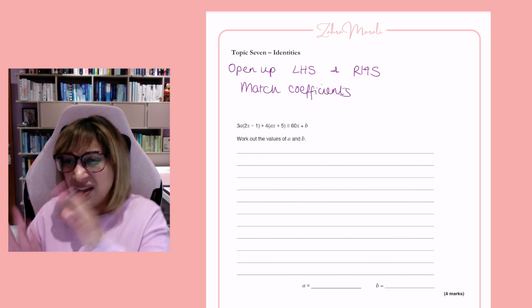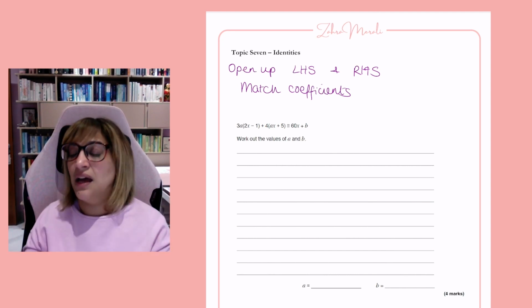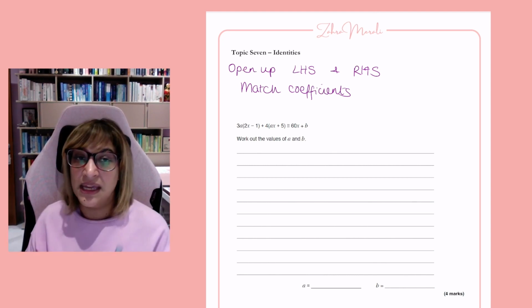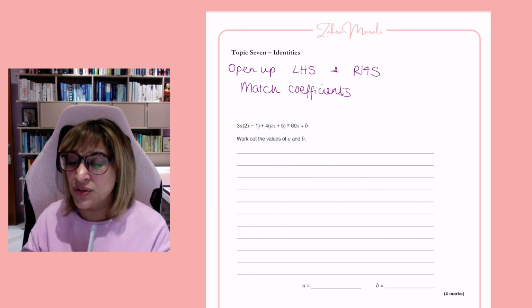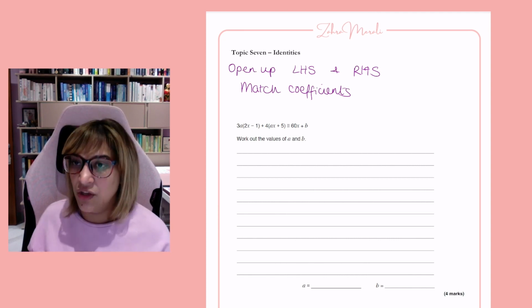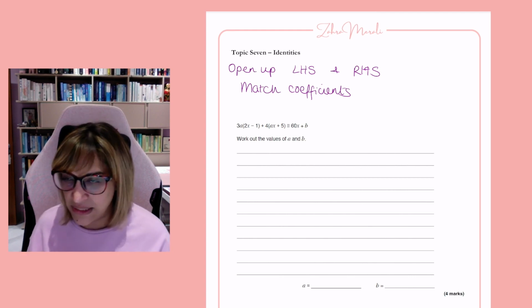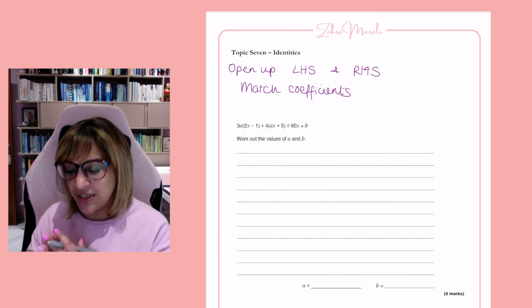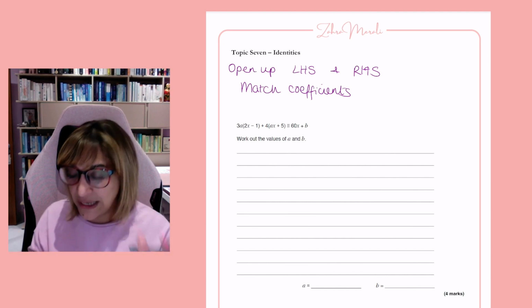Okay, so underline, highlight. I use a highlighter when I do this. In the exam, it doesn't matter as long as you're working. It's all done in your correct color pen and, you know, you put it at the bottom and your final answer is really clear. So we're going to take our left-hand side and open out the brackets.